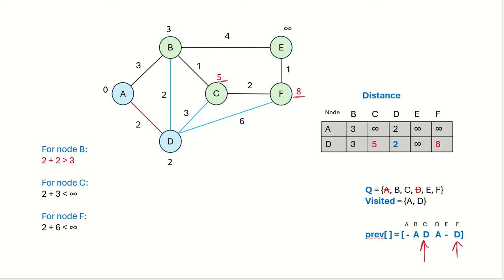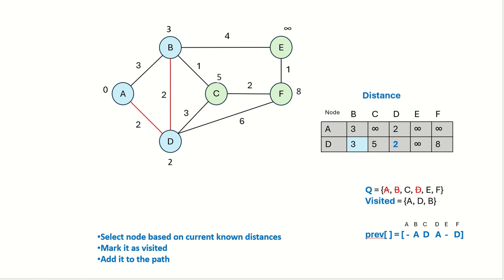Now in this distance vector, we have to see which of the unvisited nodes has the minimum distance. D is already visited, so we don't check for D, but we see that B is the node which has the minimum distance. So now we are going to select B, remove it from the queue, and mark it as visited.